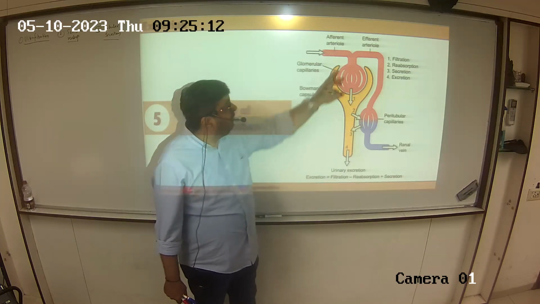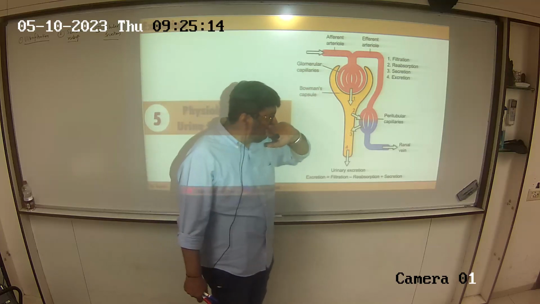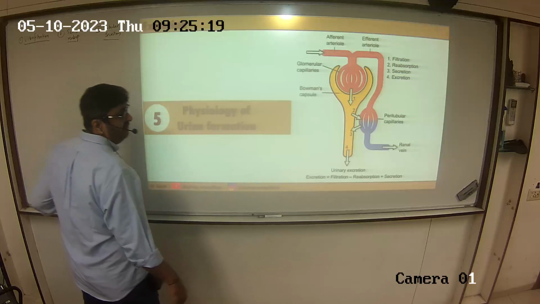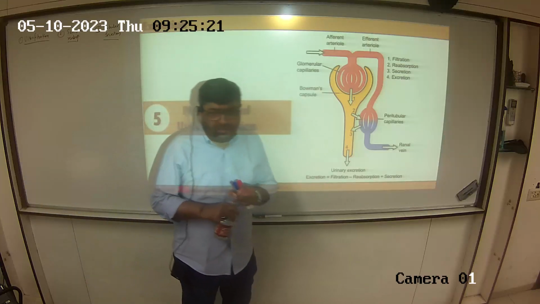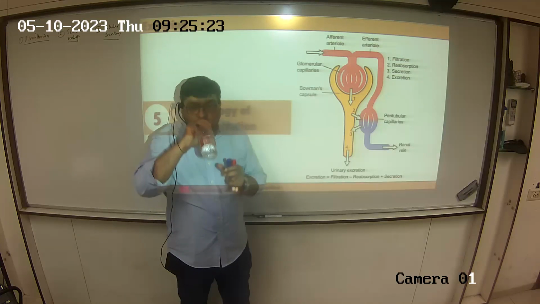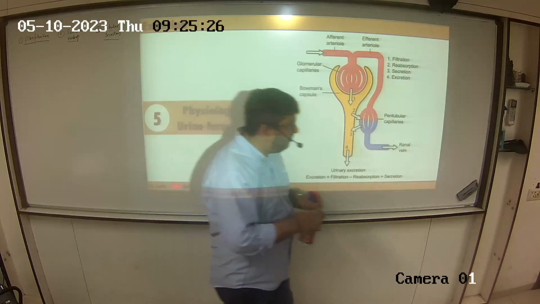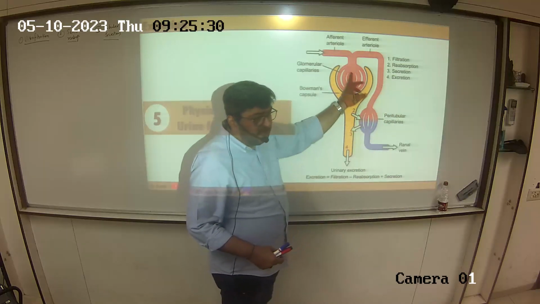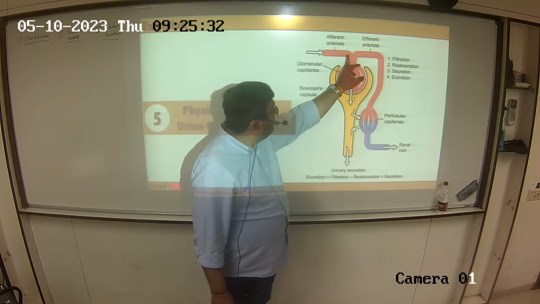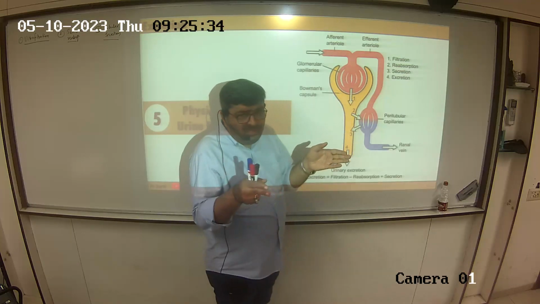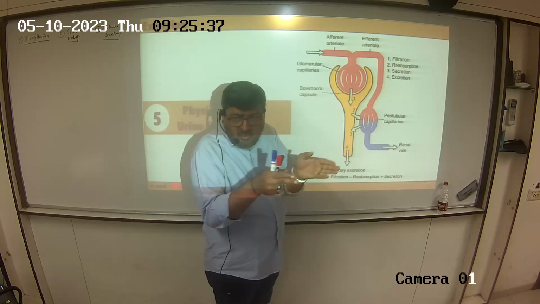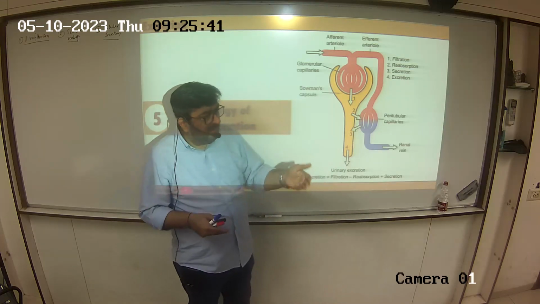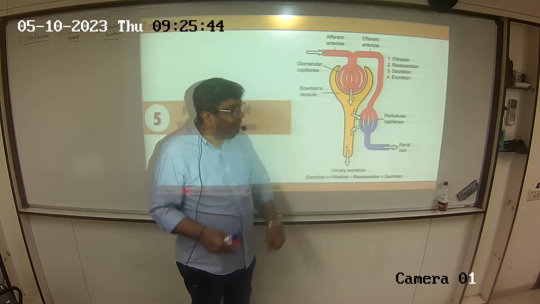Secondly, there is difference in the diameter of afferent and efferent. The afferent has a larger diameter than the efferent. Now that leads to creating a pressure in the glomerulus because successively the diameter is going on reducing. So the pressure by which the blood needs to flow will gradually increase.